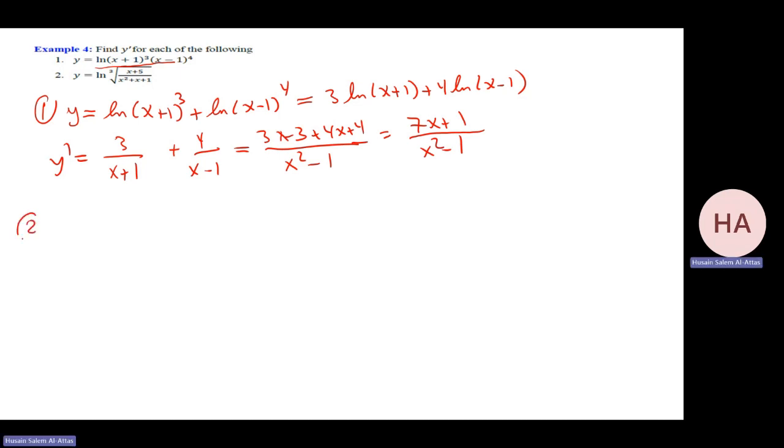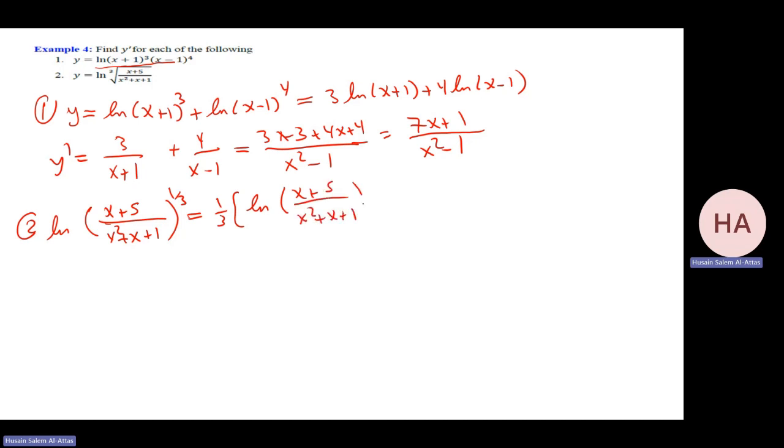Second one, ln of what? (x plus 5 over x squared plus x plus 1), all to the power 1 over 3. And that will be 1 over 3 times ln of (x plus 5 over x squared plus x plus 1).